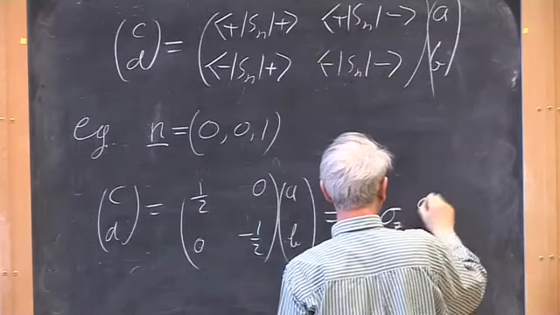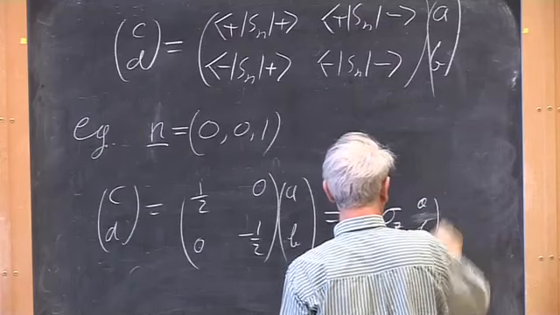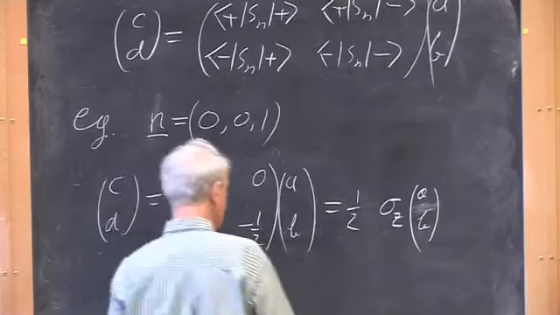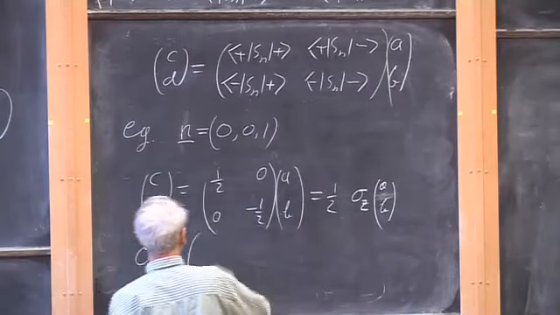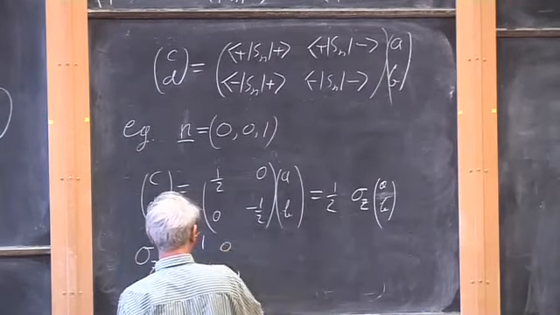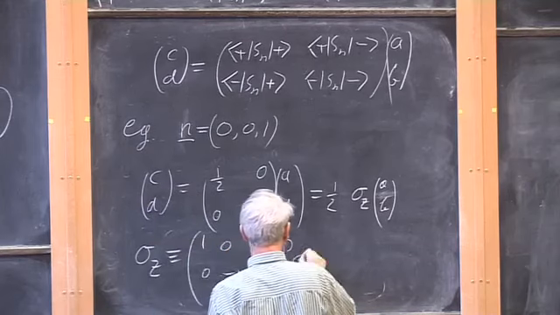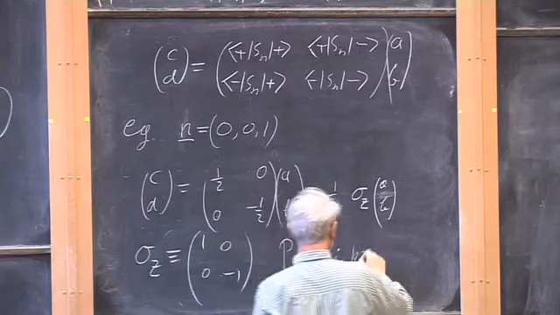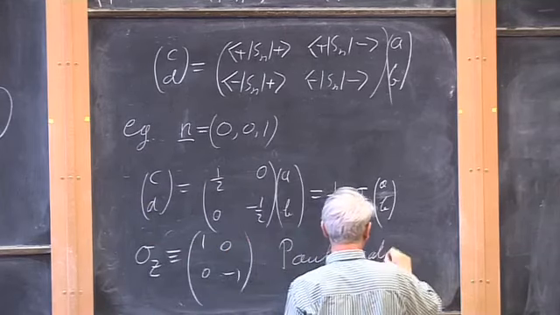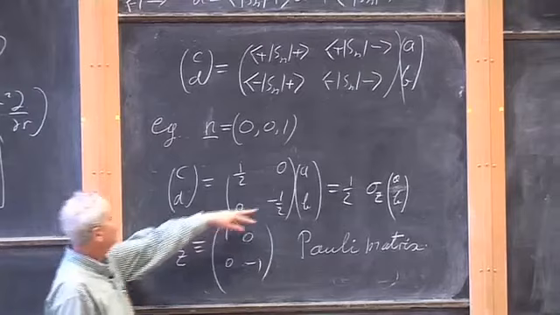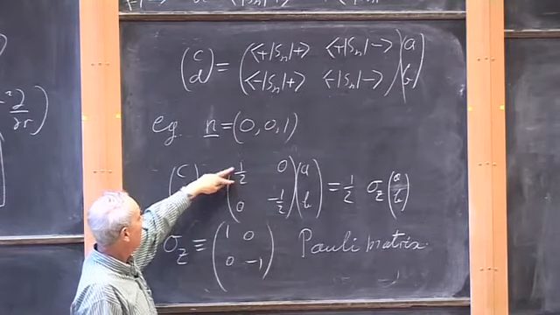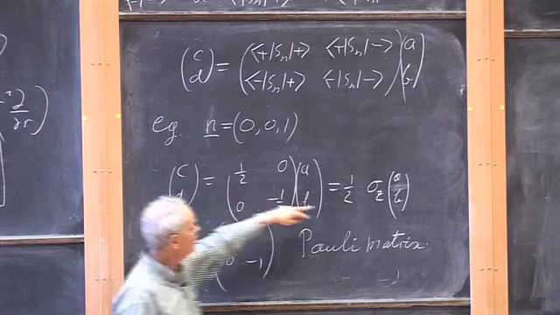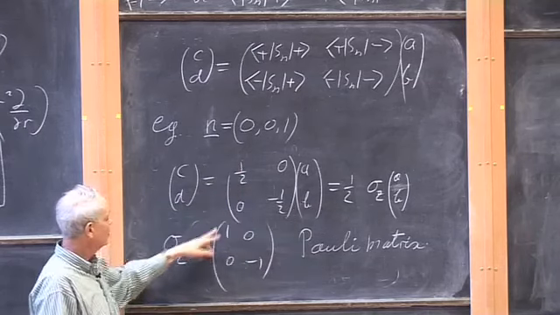So in this particular case, it evaluates to this, which people write as a half of sigma z times the column A B, where sigma z is the Pauli matrix, 1, minus 1, nothing, nothing. So these matrices we really want are these matrices, but it's handy to take the half outside of the matrix and write them in terms of these.